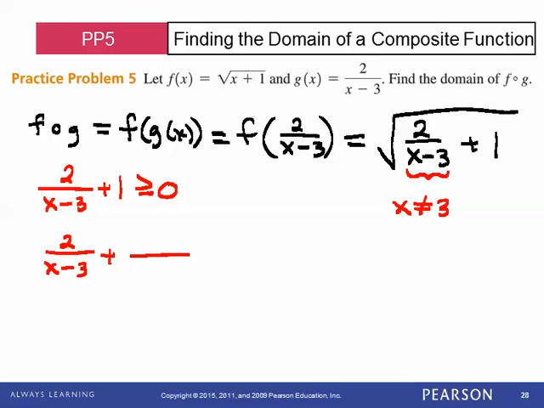We want to make it into one single rational expression. And then we're going to compare it to 0. Remember that? Write it as a single rational expression. I have common denominators now, so it's x minus 3. Let's see, on top it's x. 2 plus a negative 3 is a minus 1. And again, that's still greater than or equal to 0.